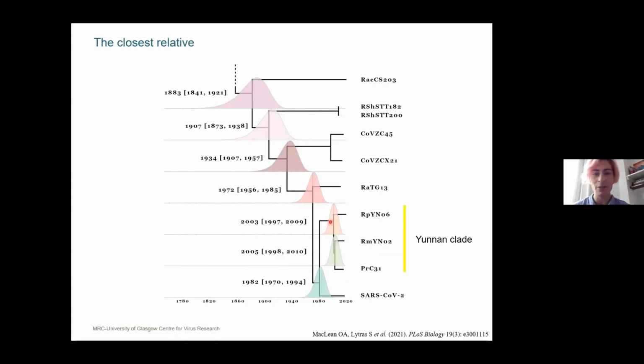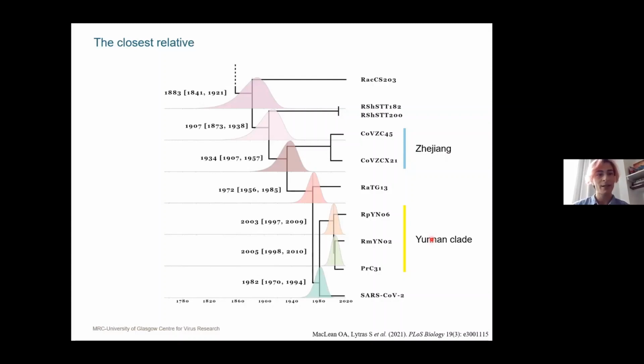And then I haven't mentioned yet these two viruses that we estimate shared a common ancestor with SARS-CoV-2 about 100 years ago. These CoV-45 and 21 actually got sampled in Zhejiang, which is a province in eastern China, so all the way across China from where Yunnan is.